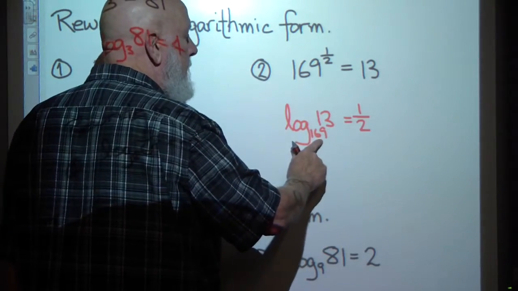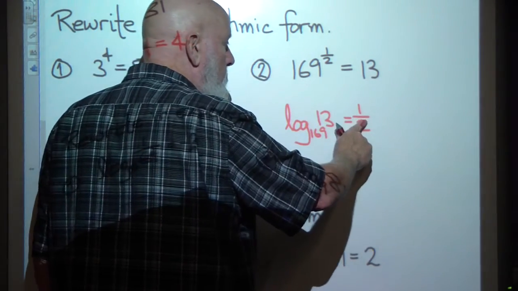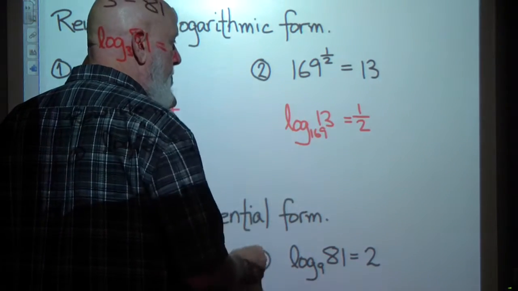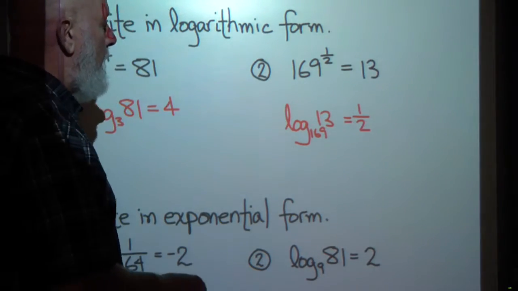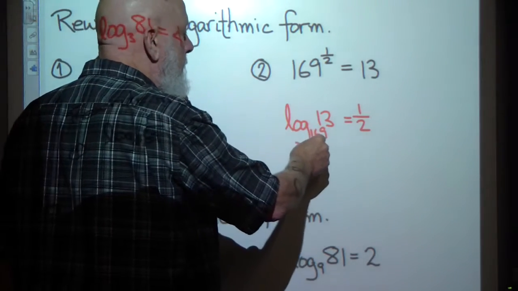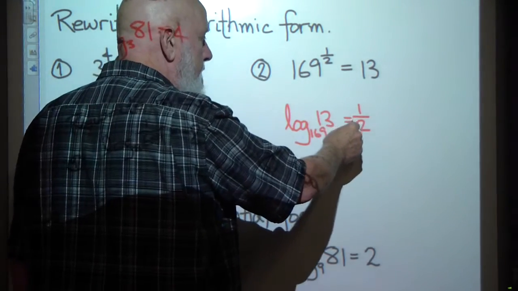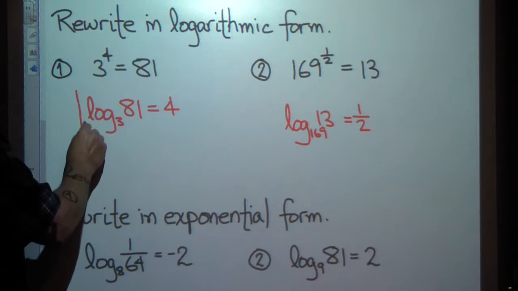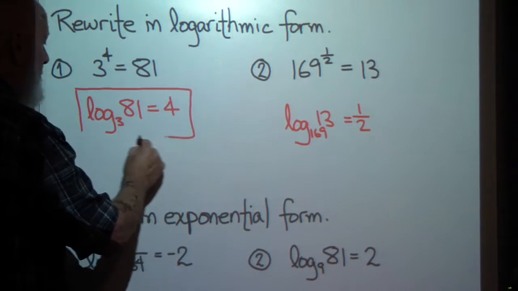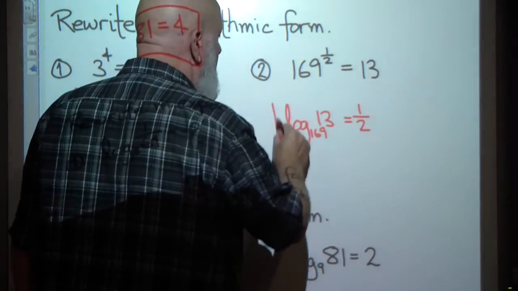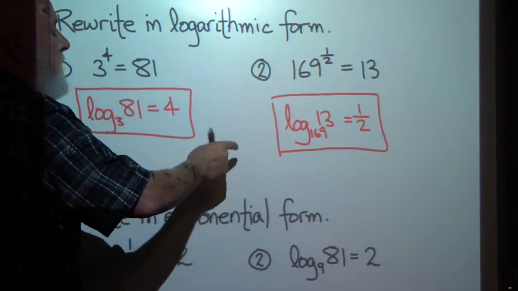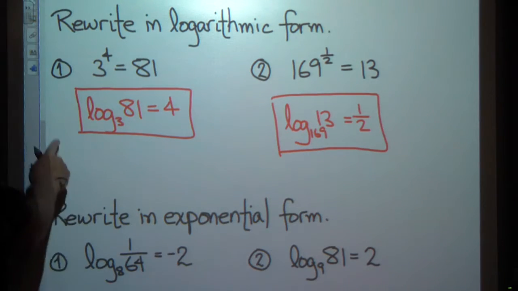So log base 169 of 13 is equal to 1/2 is how we would rewrite this as a logarithmic equation. That's how you say that. That's going from an exponential equation to a logarithmic equation.